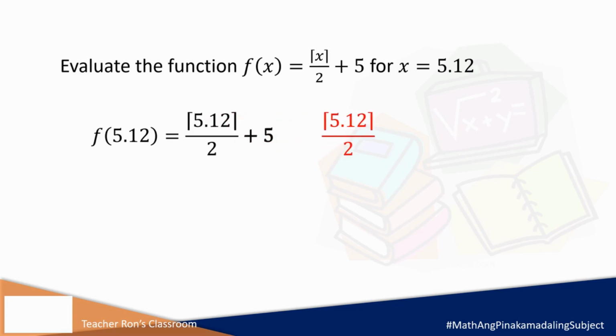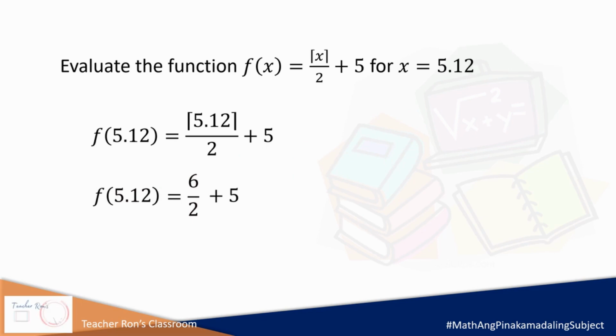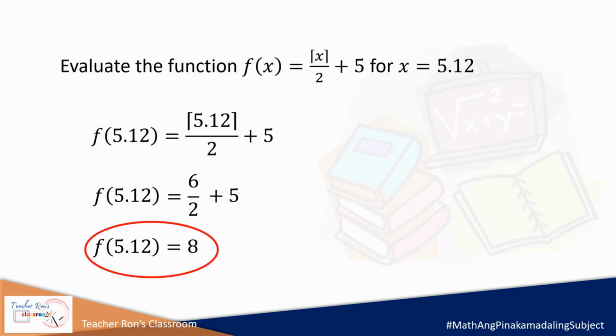What is the ceiling of 5.12? Hey, very good. That's 6. Then we have over 2. So we have f of 5.12 equals 6 over 2 plus 5. 6 over 2 is equal to 3 plus 5 equals 8. Therefore, f of 5.12 equals 8.